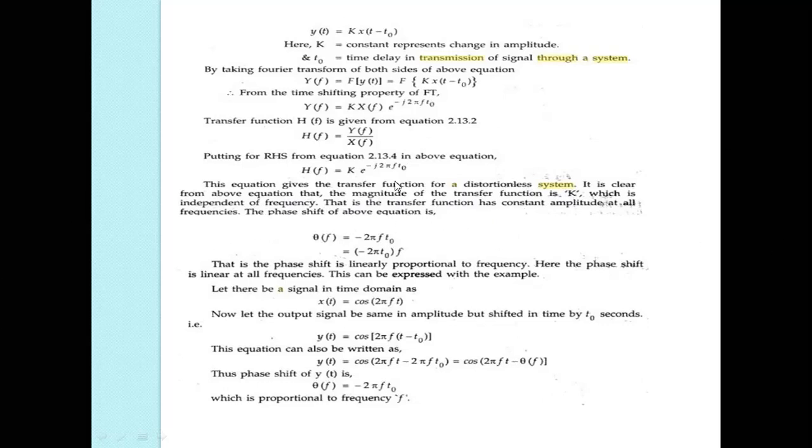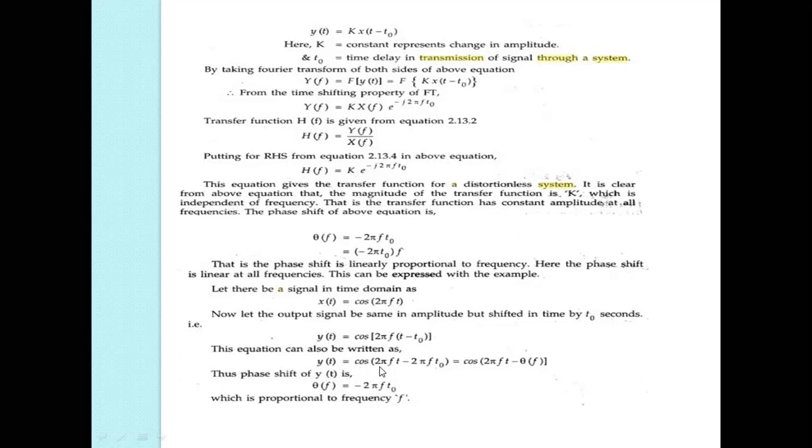The phase shift of the above equation: what is the phase shift? Theta f is equal to minus 2 pi f into t naught. That is, the phase shift is linearly proportional to the frequency. Here the phase shift is linear at all the frequencies. This can be expressed in another way. Let the signal in the time domain be x of t is equal to cos 2 pi f into t, and the output is delayed: cos 2 pi f into t minus t naught.